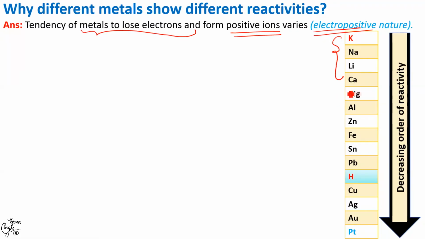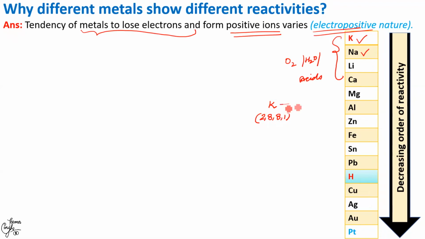We have learned that metals such as sodium and potassium react vigorously, rather explosively, with substances such as oxygen, water, and acids. This is because they can readily or very easily lose their valence electron. For example, potassium, if you remember, has electronic configuration of 2, 8, 8, 1.